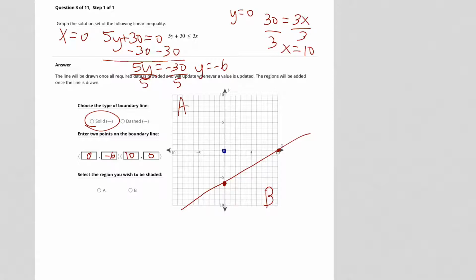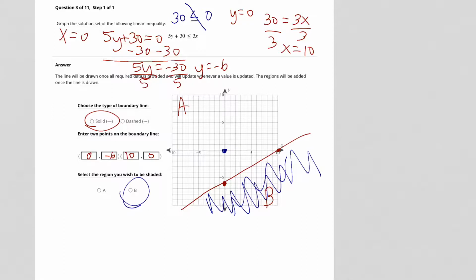I'm going to test the point 0, 0. Is 30 less than or equal to 0? And the answer to that is no, which means I will shade the lower half plane, which is B.